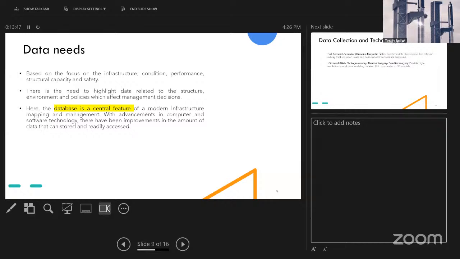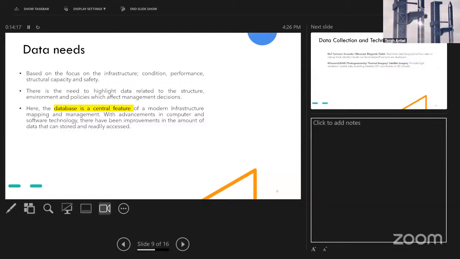When you're collecting the data, you pay attention to the structure itself, the data you can get from it, and then the environment. Maybe the wind has influenced it, the temperature has influenced it, and the policies guiding it will affect your management decisions. When you collect all these data, one important thing is the database. The database becomes the central feature for all the mapping management you do.